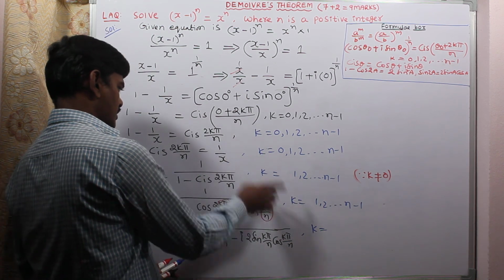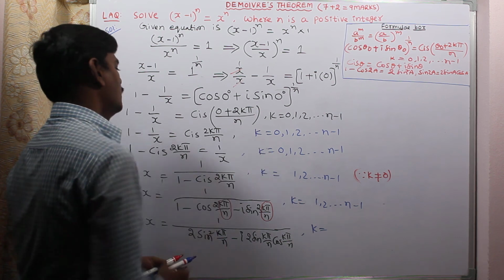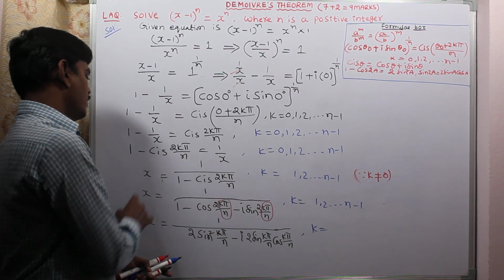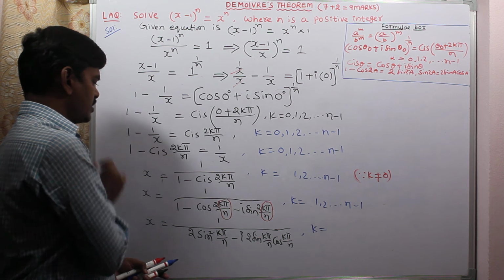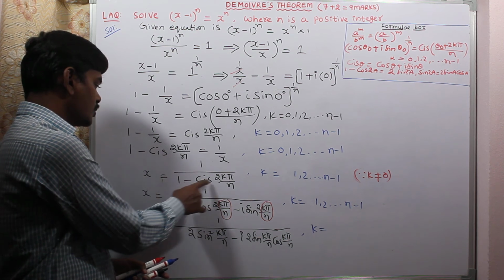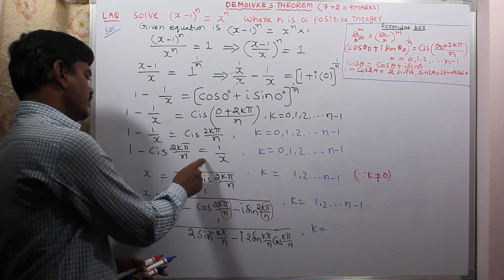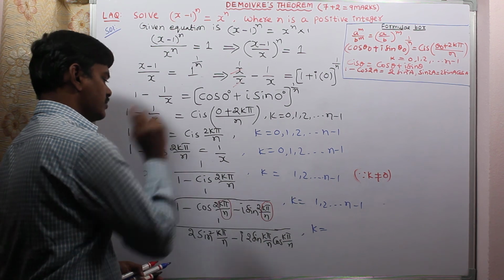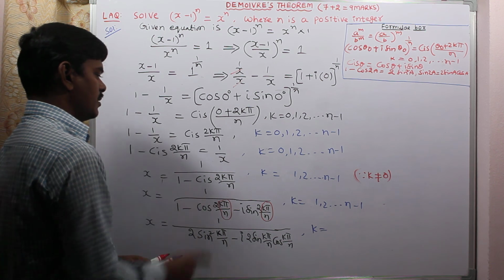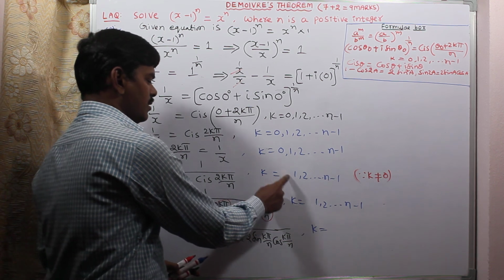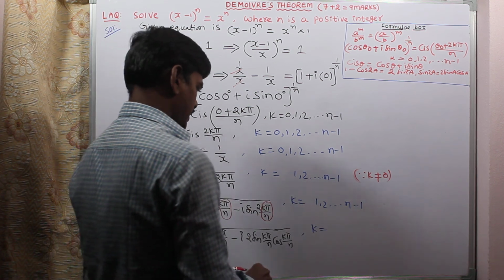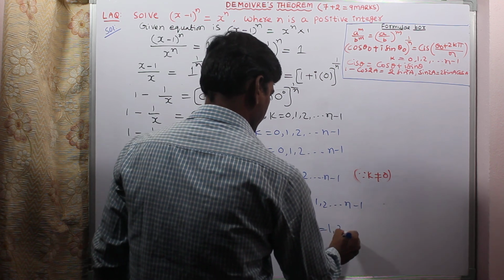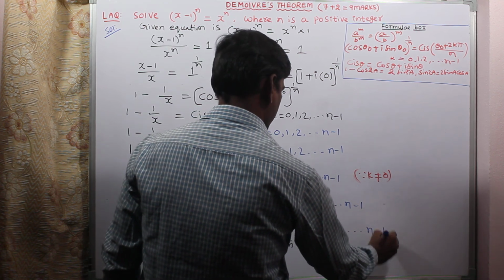Up to here we can allow 0 for k, no problem, because it's in numerator position. But when it comes to denominator position, something by 0 becomes infinite due to k equal to 0. That's why better not to allow k value 0 from here onwards. So k values are from 1 up to n minus 1.